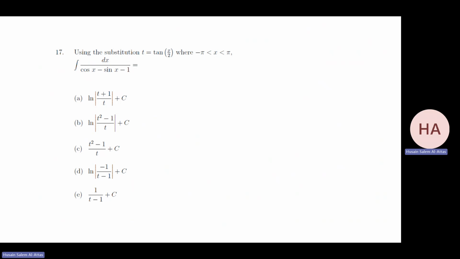Sine minus cosine minus 1. Now, all this combination will give you something. Let us do it. And he wants the answer in terms of t, you notice, not in terms of x. Okay, do substitution. I have 2 dt over 1 plus t square over cosine, which is 1 minus t square over 1 plus t square, sine is 2t over 1 plus t square, minus 1.